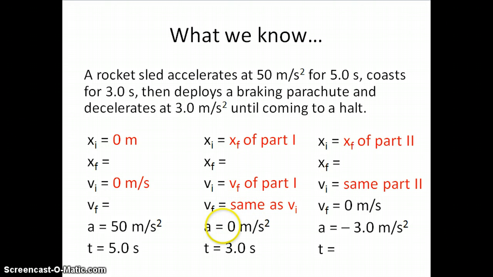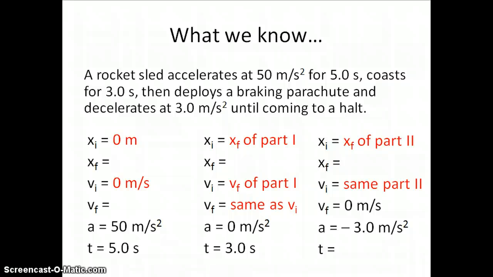And since we know that it's 0 meters per second squared acceleration, that our VI is going to equal VF. And then the same thing over here. We know that our initial position is the same as our final position of part 2, and our initial velocity is the same as our final velocity of part 2. So now we have all this other extra information. Right, so this is everything that we know.